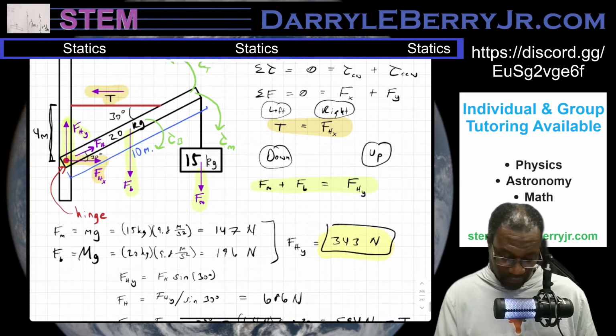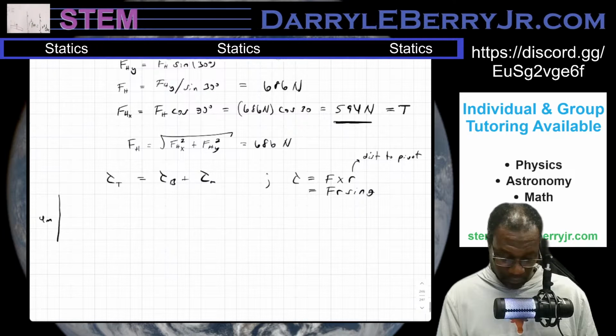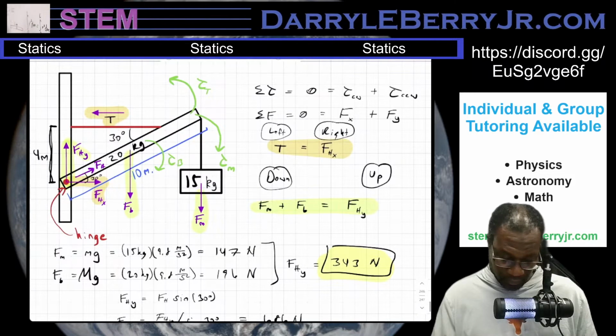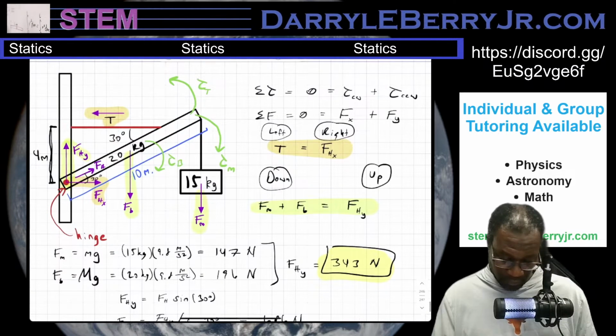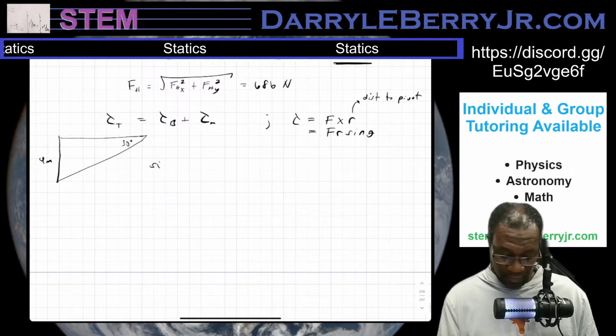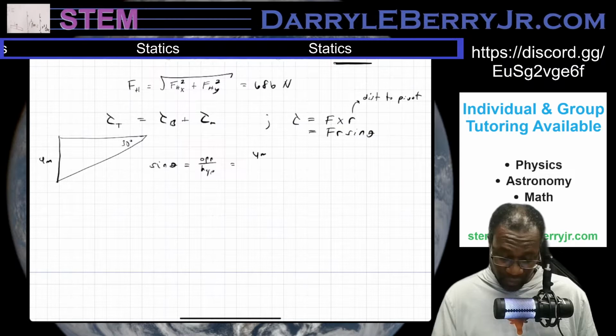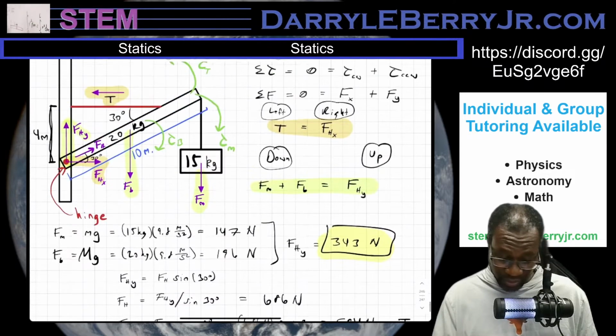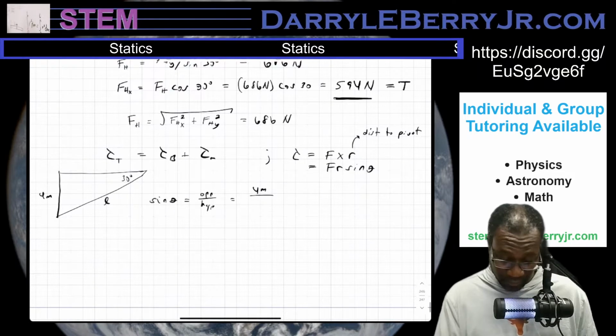We're going to have 30 degrees. So sine theta equals opposite over hypotenuse, which equals 4 meters over, we'll call this little l, the distance to the tension wire.